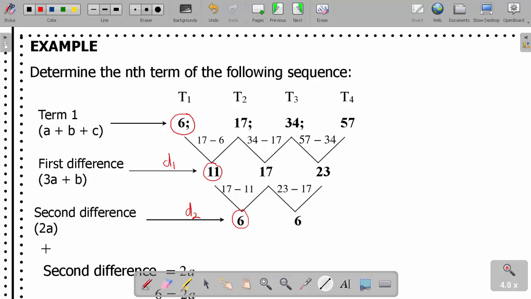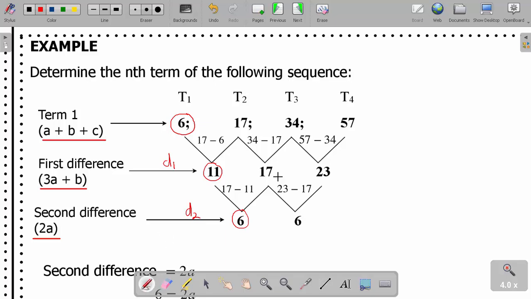So 2a equals D2, and then 3a plus b equals D1, and then a plus b plus c equals T1, which is 6. You can note them somewhere.